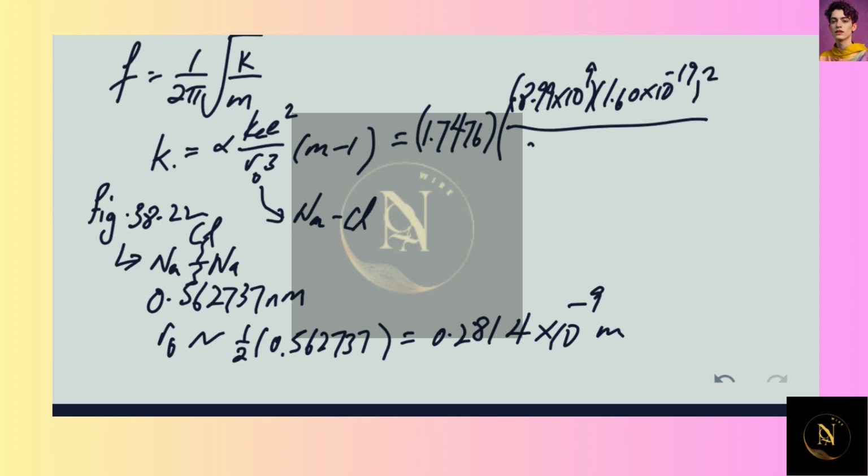We have the r naught, 2.81 times 10 to the power of minus 9 cubed. Sorry, this is 2.8 times 10 to the power minus 10. Right, so we have shifted the decimal point by 1, so this is minus 10 cubed, and then we have m minus 1, where m is 8, so 8 minus 1. And we should get a constant of about 127 newtons per meter.